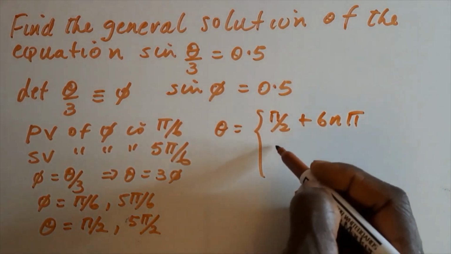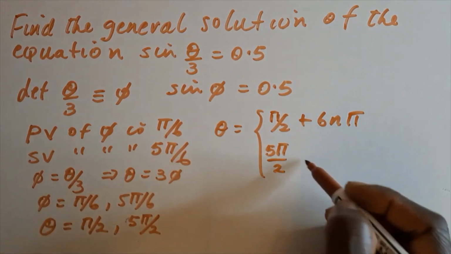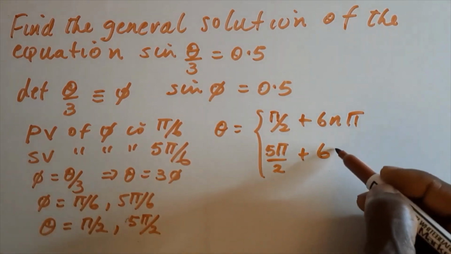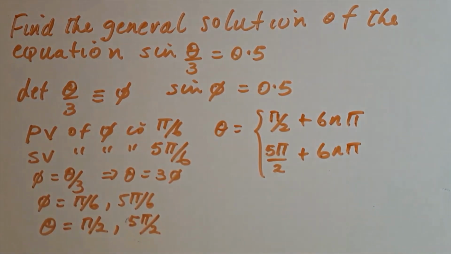And our secondary value, 5 pi over 2, is also affected by the factor of 3. So this is our general solution.